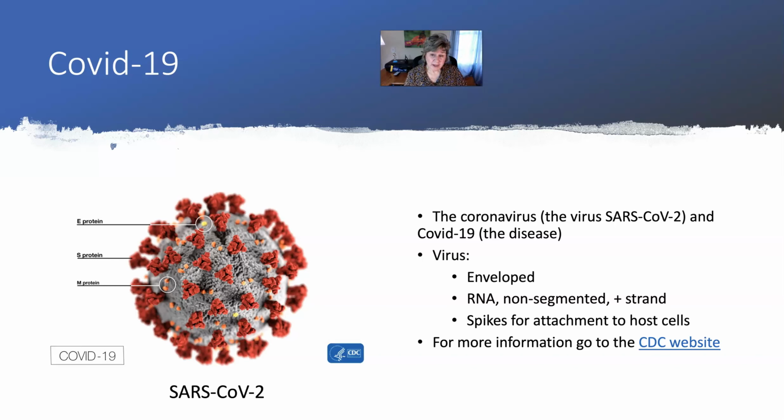This is an RNA virus as opposed to a DNA virus. It's non-segmented. That means it has one strand of RNA, and it is a positive strand, which you don't need to know what that means yet. And then there are lots of spikes on the outside of this virus, and they're used for attachment to the host cell.